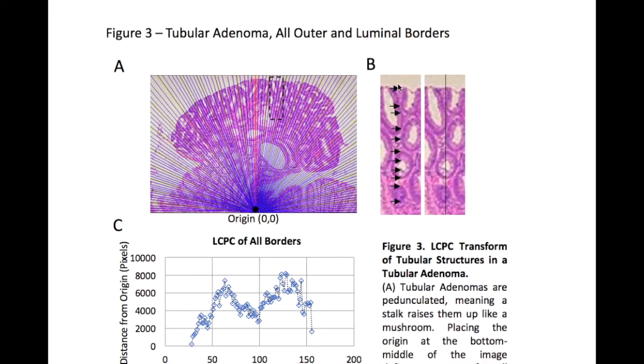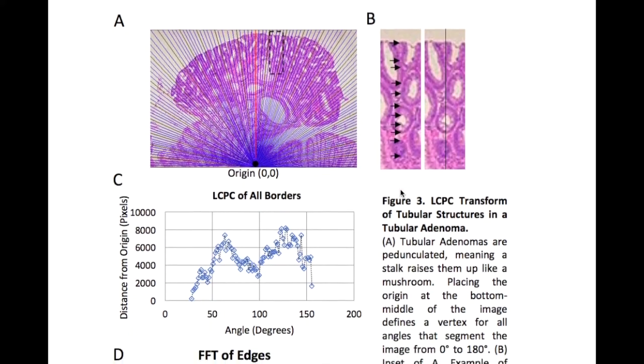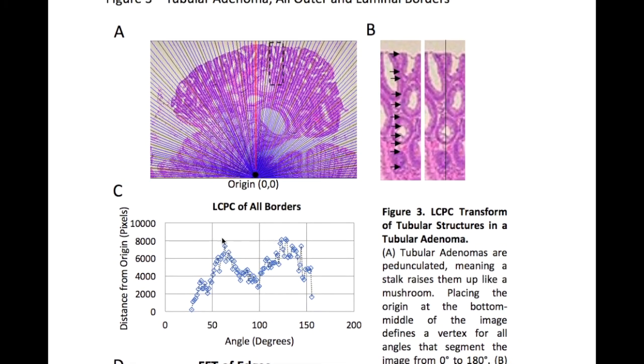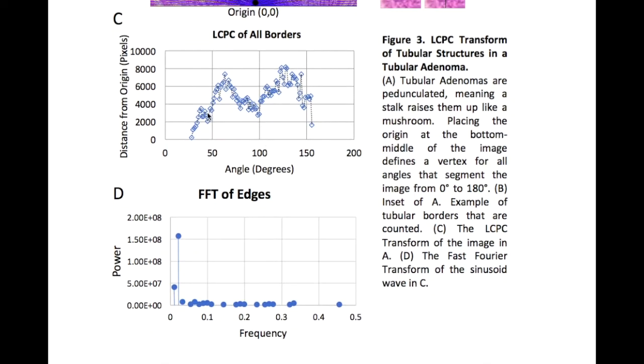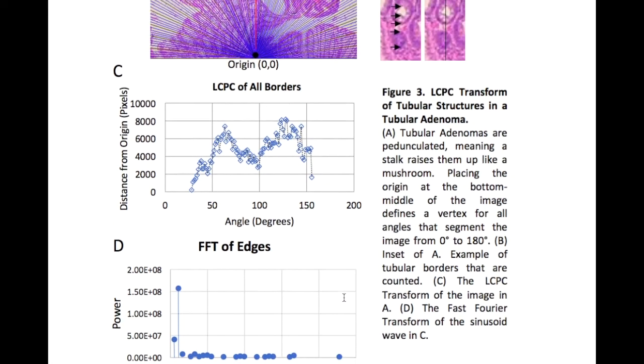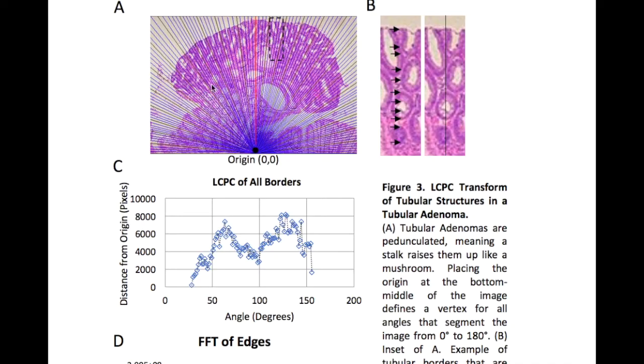For every point in the line, we add it all together to have one number corresponding to each radial line. So in this case, panel C is the LCPC transform of the tubiness of the image in panel A. If we apply the fast Fourier transform to the discrete wave in C, what we see is a frequency signature representing the tubiness of this image.